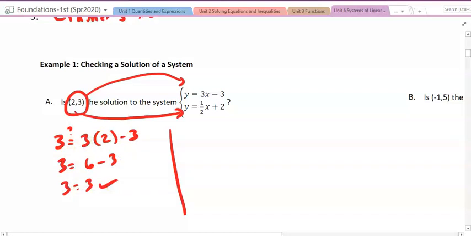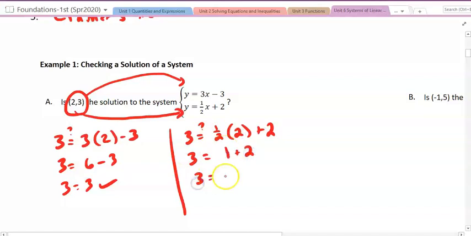But remember, it's got to work for both to be a solution to the system. And so we need to check the second equation. And so we're going to get 3. Is that equal to 1/2 times 2 plus 2? What's a half of 2? Well, a half of 2 is 1. So I get 3. Is that equal to 1 plus 2? And of course, 1 plus 2 is 3, so it checks there.